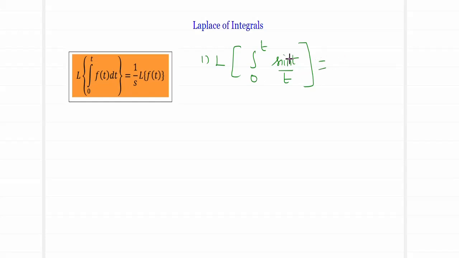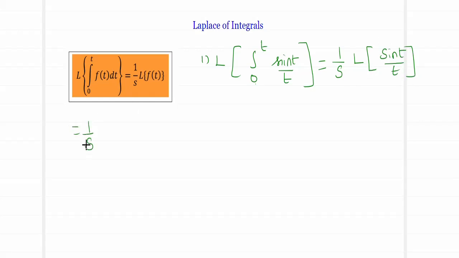Whenever I find an integral from 0 to t, I will have to multiply by 1 by s and take Laplace of the remaining left out function. What is my left out function? It is sin t divided by t. So it is 1 by s Laplace of sin t by t.